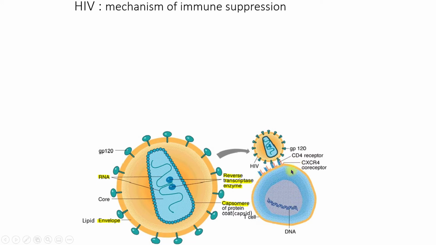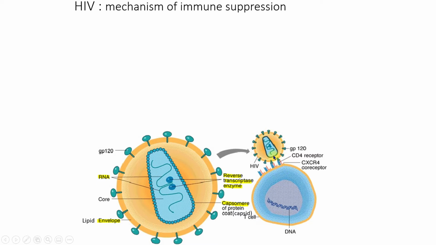Okay, it's via the CD4 receptor of the T cell as well as the CXCR4 co-receptor on the helper T cell. Now this is a T cell, but to be more specific, this is a helper T cell. Why? Because only helper T cells have the CD4 receptor on their surface.